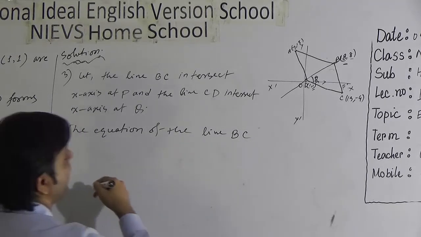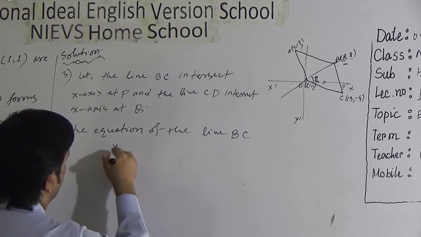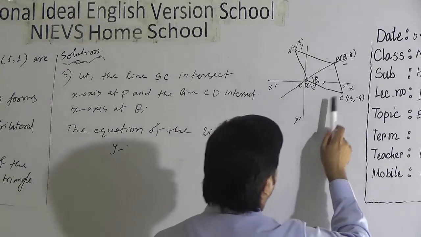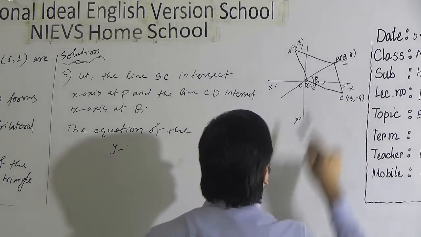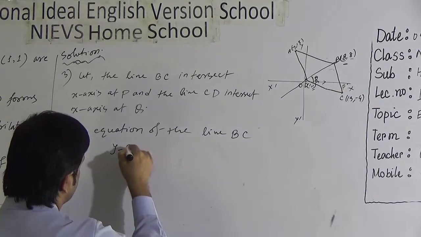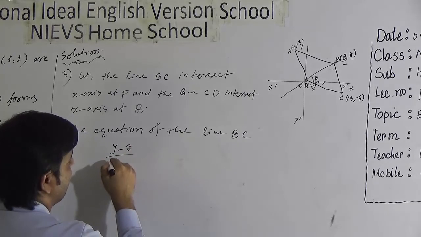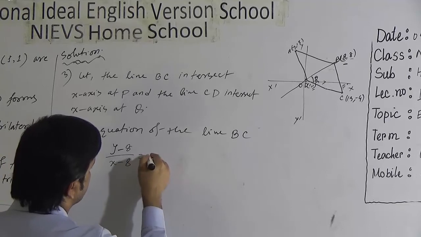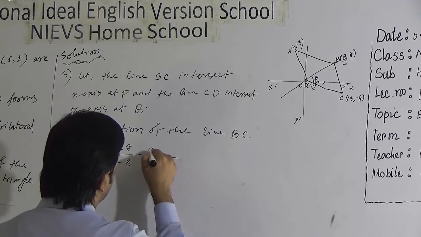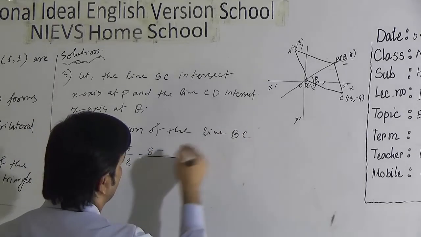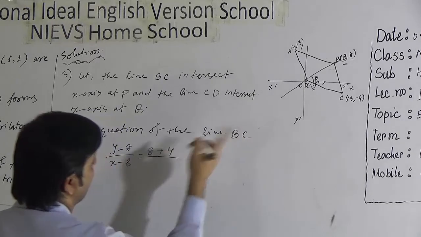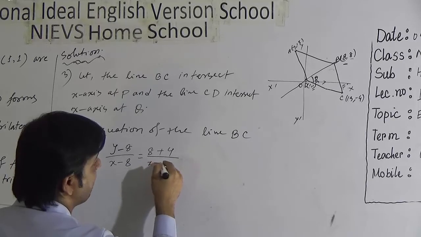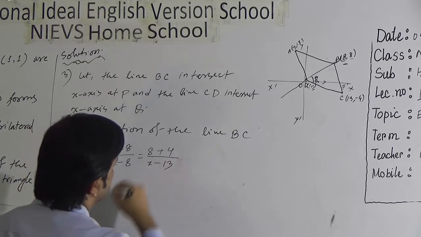The equation of the line BC will be y minus y1 by x minus x1. Now see here, y1 is 8 and x1 is also 8. That is equal to y1 minus y2, where y2 is minus 4, so that is plus 4, by x1 minus x2, where x2 is 13.